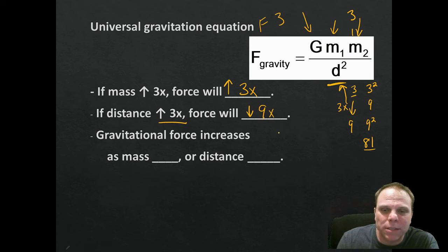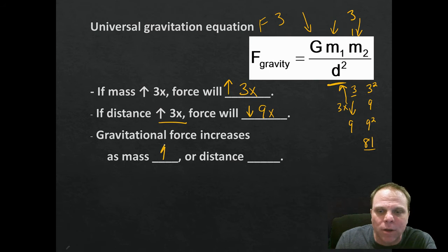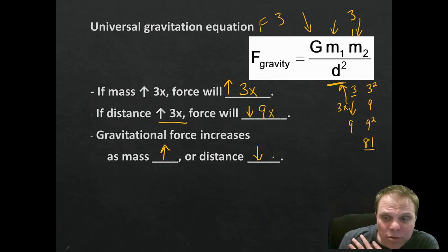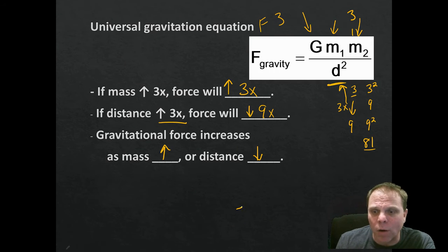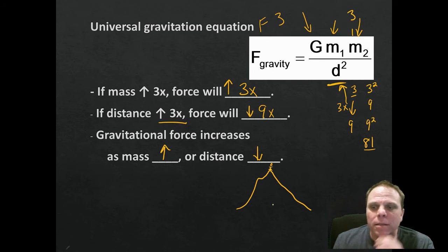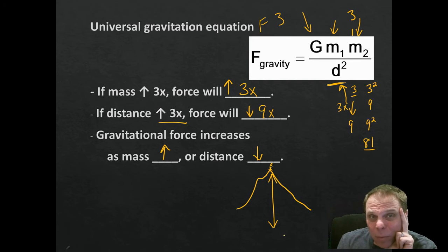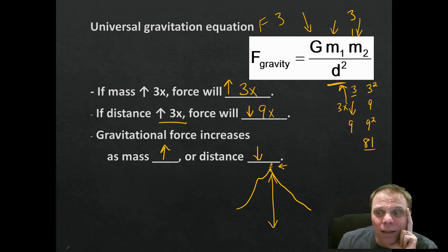So the gravitational force increases as mass increases or distance decreases, right? So if I want to increase my gravitational force, I've got to decrease my distance. Did you know that if you go up on top of a mountain, let's say this is our little mountain, I've got a little guy up here, whee! Did you know that because you are further from the center of gravity on the planet, you actually have a lower weight? That's actually going to decrease your weight, okay, the higher you go.